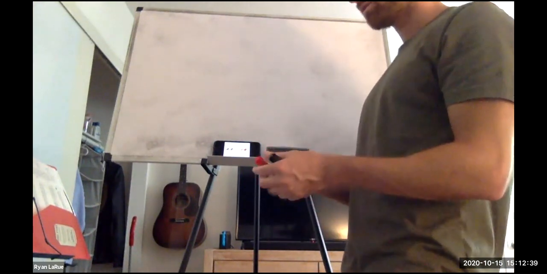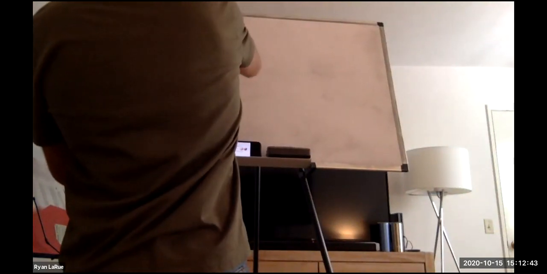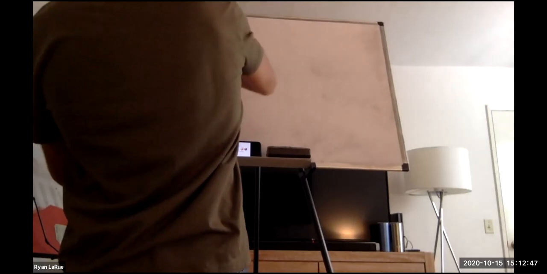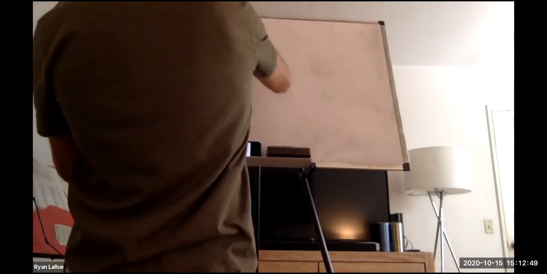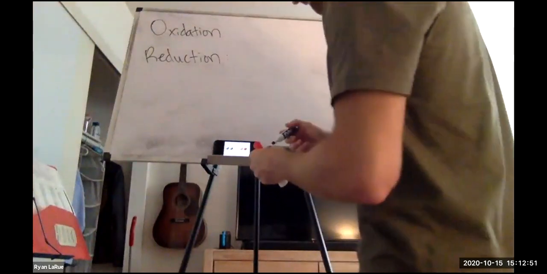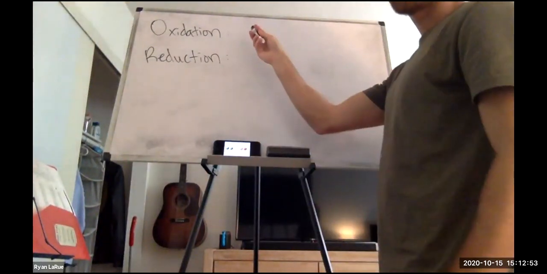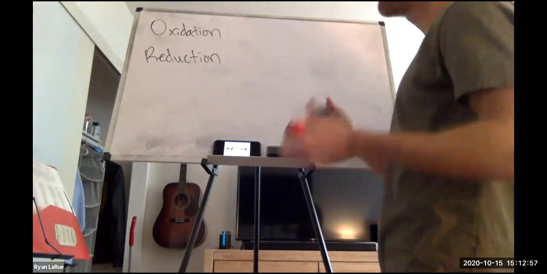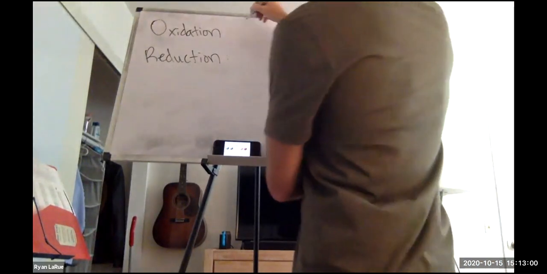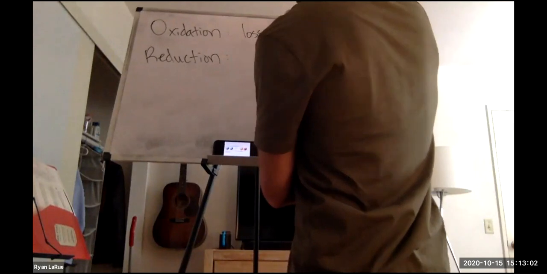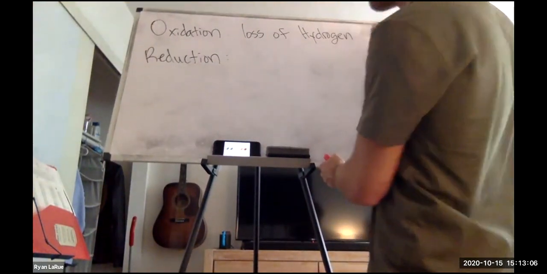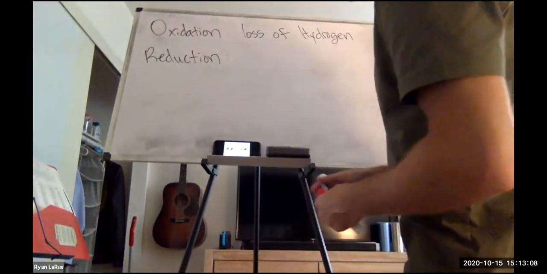And so when we look at oxidation, and when we look at reduction, oxidation was the loss of an electron, right? We can also say oxidation is the loss of hydrogen, of a hydrogen atom or two hydrogen atoms, whatever.